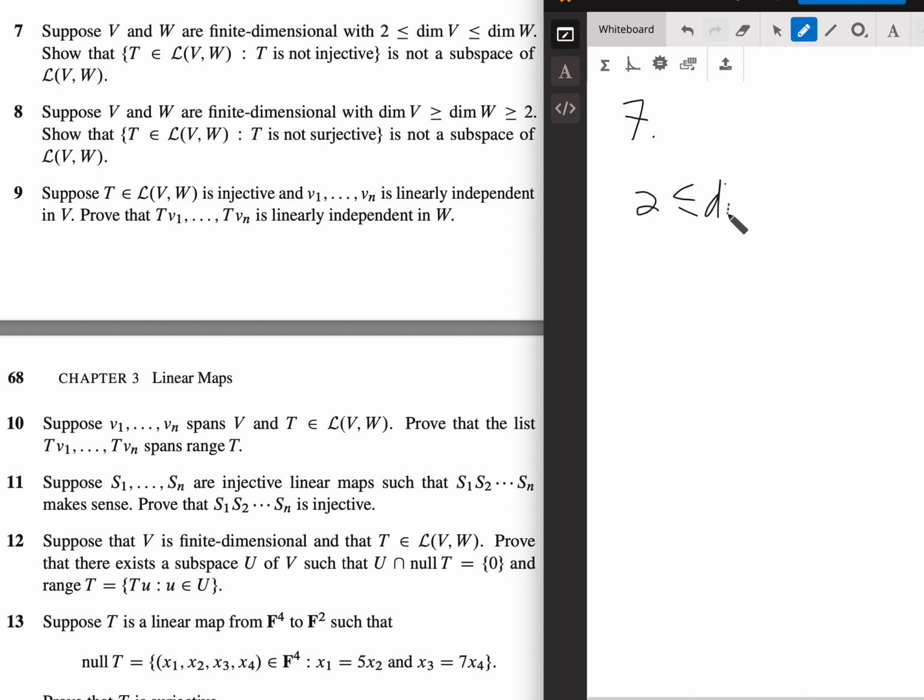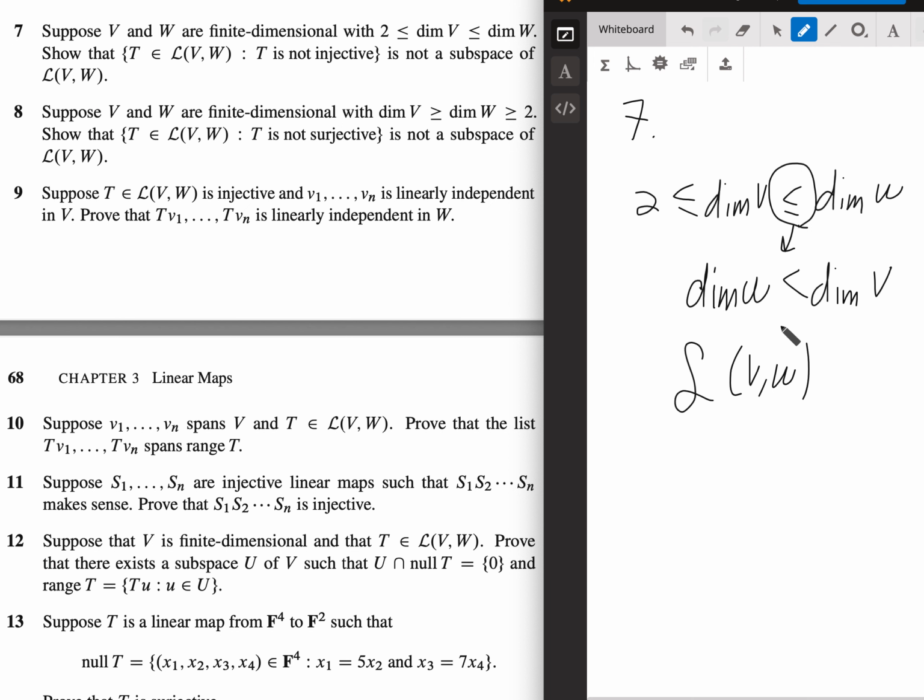There's something interesting going on with this set of inequalities, 2 less than dimension of V, less than dimension of W. If the dimension of V is less than the dimension of W, then the linear maps from V to W are not all injective, you must have two elements of your basis in V mapped to the same element in W somehow.